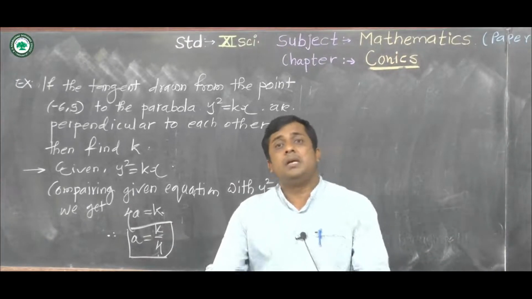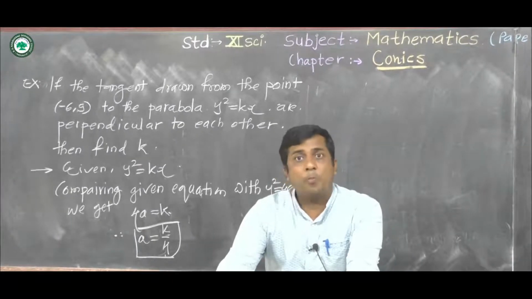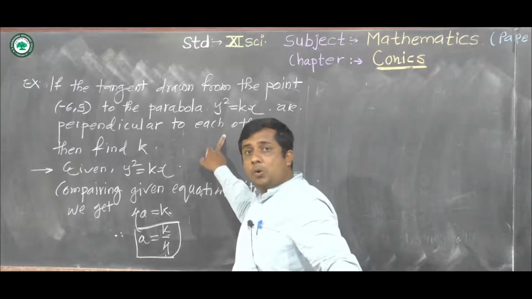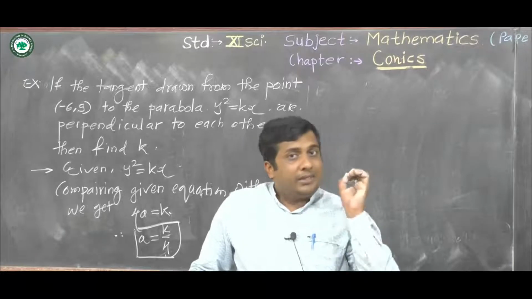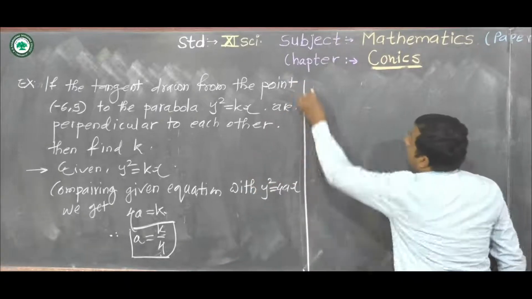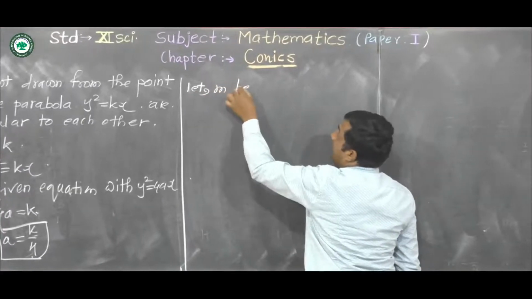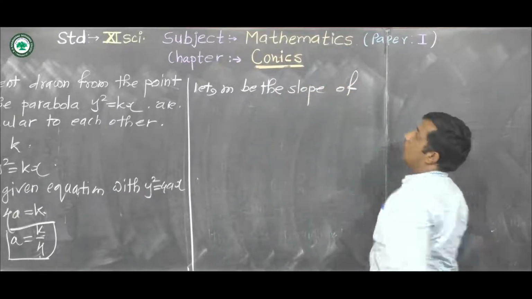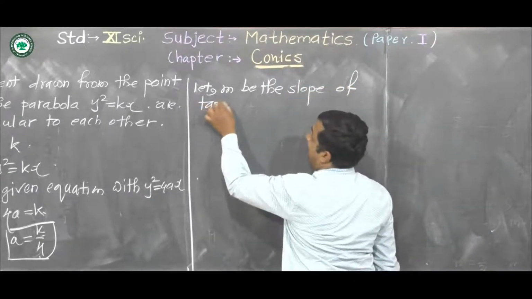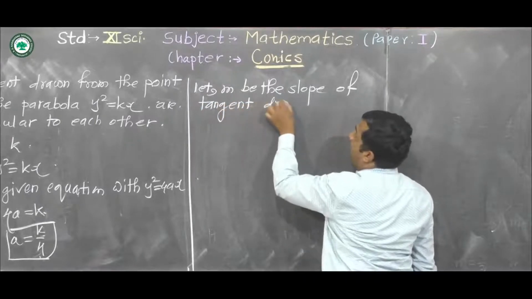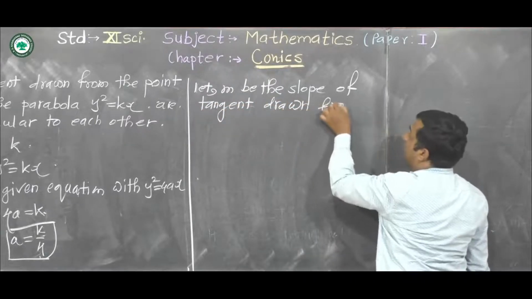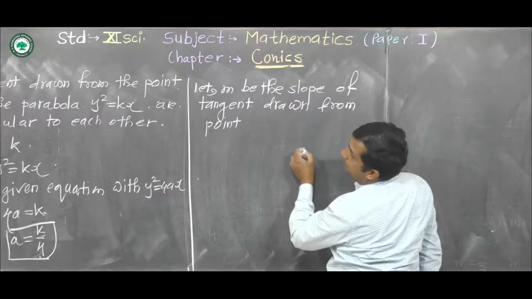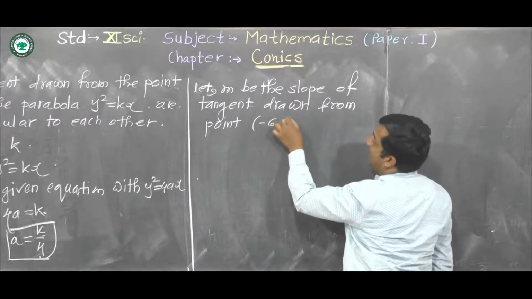Now we consider m. Here m is the slope of the tangent. Since the given tangents are perpendicular to each other, we consider the slopes of the tangents. Let m be the slope of a tangent drawn from the point (minus 6, 9).